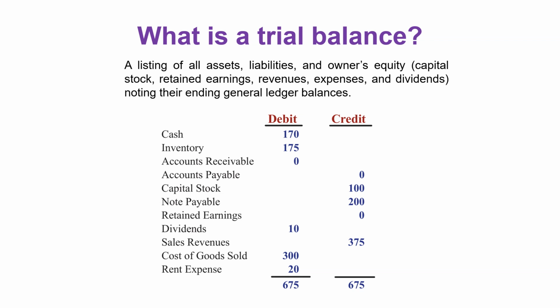Because if in fact the debits don't equal the credits, we know we've got a problem and that we have not accounted for it properly. Now again, we may make an entry that has equal debits and credits, but made them to the wrong accounts. So having equal debits and credits doesn't mean that you have accurately recorded every single transaction. But it is a way to check whether or not a certain element of recording a transaction has been done properly. There must always be equal debits and credits.